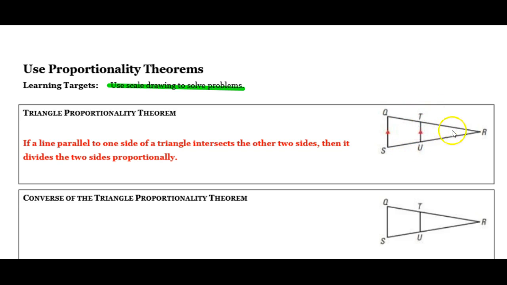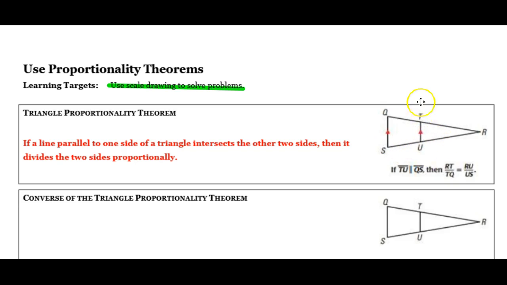It divides these 2 sides proportionally. So what does that mean? That means that if TU is parallel to side QS, then RT to TQ is equal to RU to US.